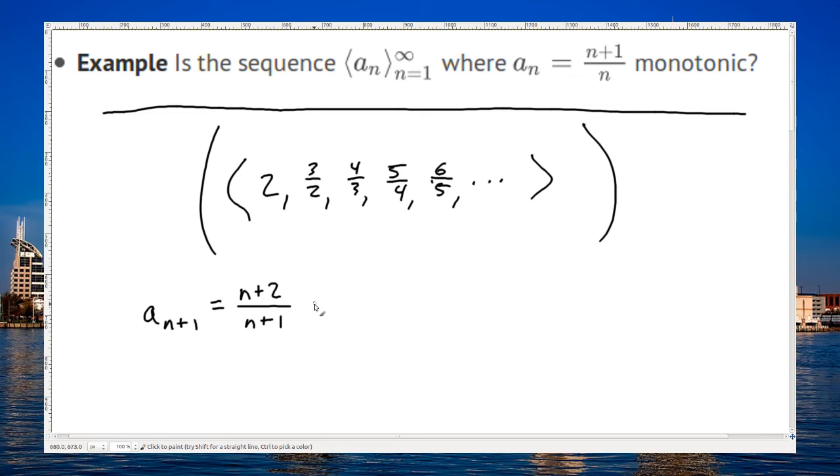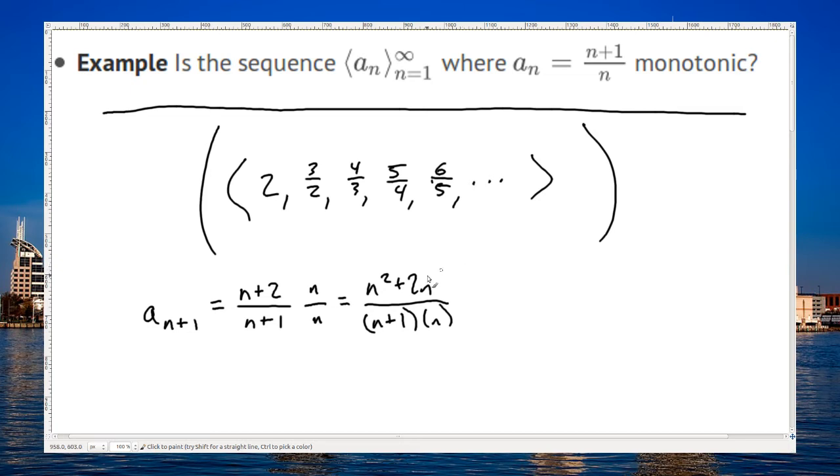So if I want to do that, then I could take n and n on the top and bottom, n squared plus 2n over n squared plus n. Actually, we'll leave the bottom factored out.